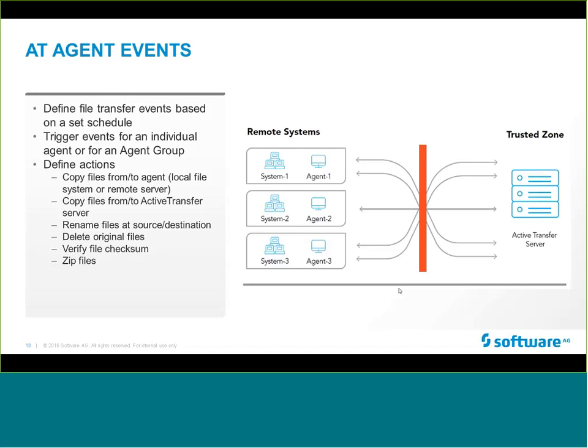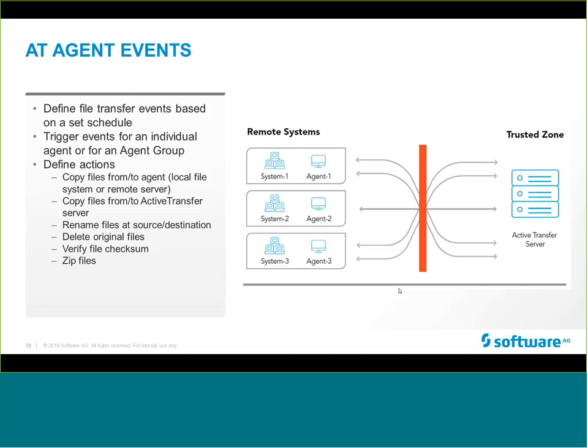As part of this agent transfer capability, some of the actions we're offering is, of course, moving the files from point A to point B. In this case, you take the file from, say, the agent location and move it to the ActiveTransfer server. The ActiveTransfer server probably connects to another file system in your central environment, or it could be talking to another server.